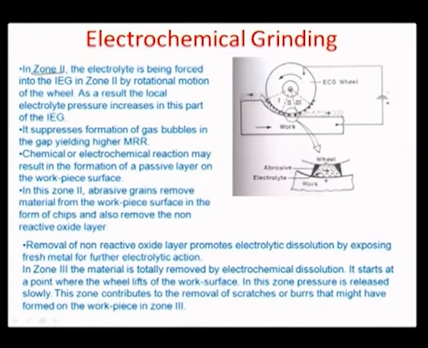Therefore in zone 2 the electrolyte is being forced into the equilibrium gap by the rotational motion of the wheel, and because of these formations of electrochemical cells, the local electrolyte pressure increases in this part of the IEG.